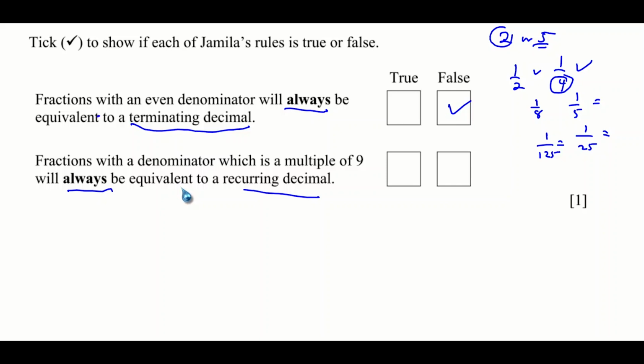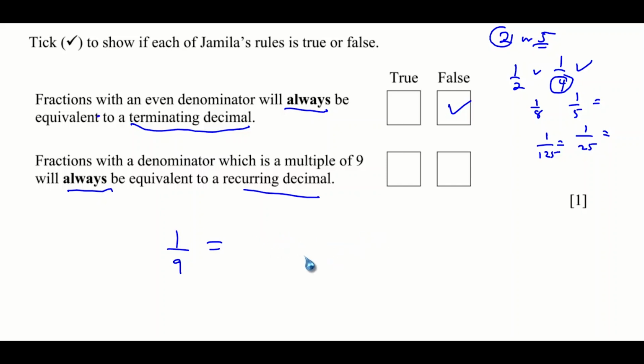If the denominator is a multiple of 9, it will always give you a recurring decimal number. Or better still, if you say a multiple of 3 as well, it will always give you that. But it has an exception. For example, 1 out of 9 will give you a recurring decimal number.